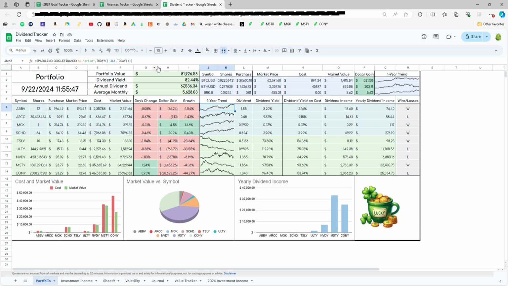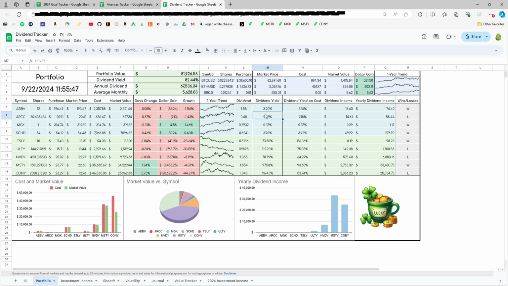Most people know how to do a spark line, but just in case you don't, here's the formula. The dividend. This one, I had to search far and wide for a link that would work. So this YCharts link actually pulls the dividend or distribution. So if anybody needs that formula, there you go.